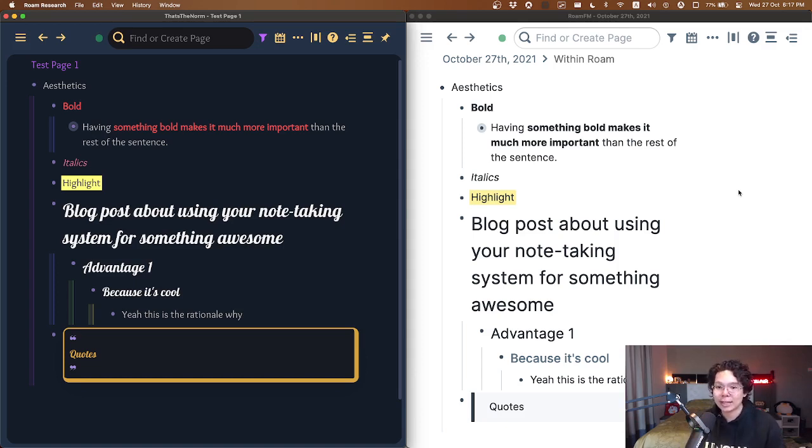Because once you start adding information in the form of color onto notes that all you see is just words 24/7, especially if you're using your graph all the time, you want to add a little bit of spice to make it a lot more memorable to you so that you can distinguish between pages and pages and pages of text because you're manipulating colors to make it look different.